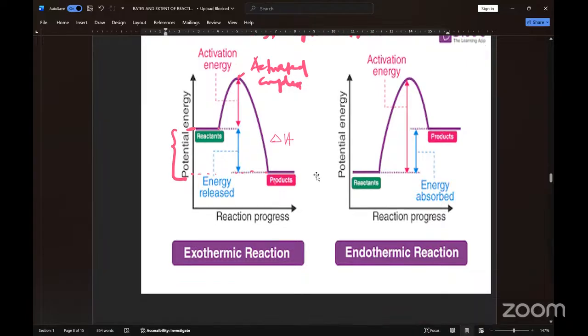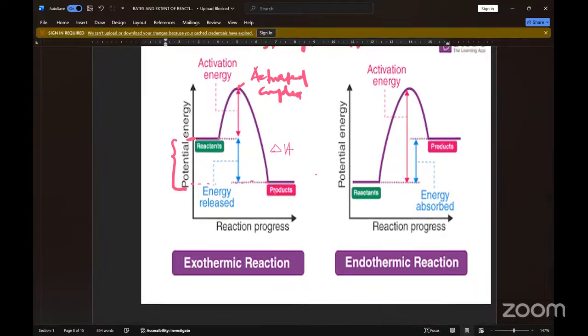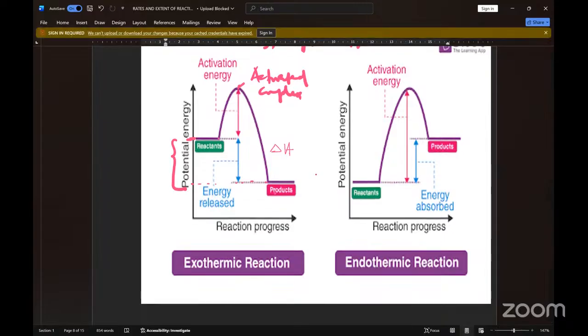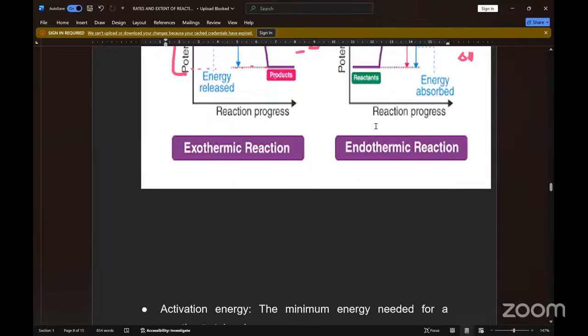Okay, so for an exothermic reaction, your delta H is less than 0, so it means that it's negative. And for this one, your delta H is positive. So basically, the diagrams are identical, except that in the case of the endothermic reaction, your products are higher than your reactant.